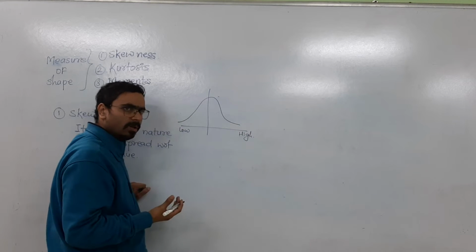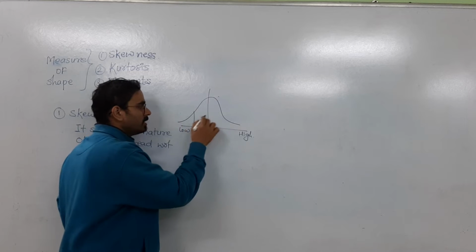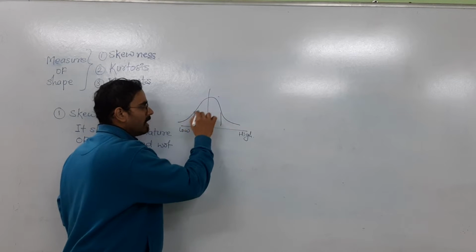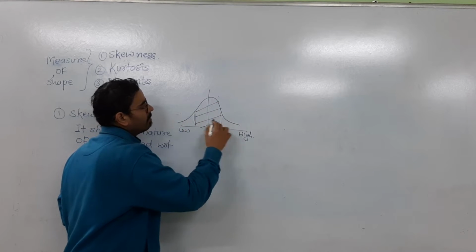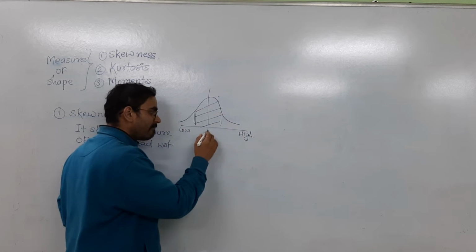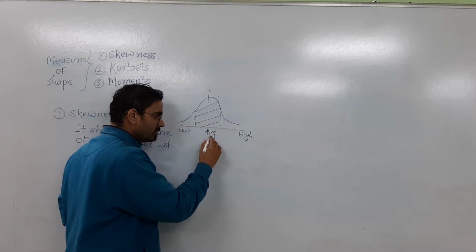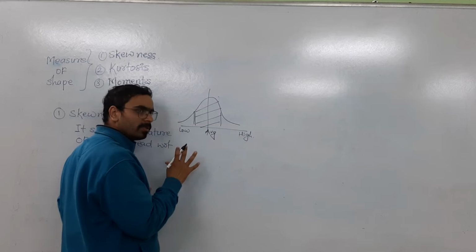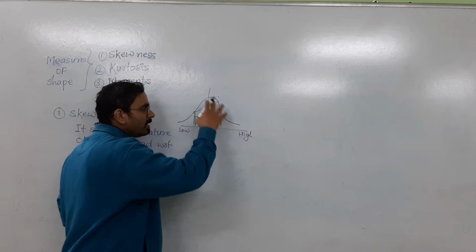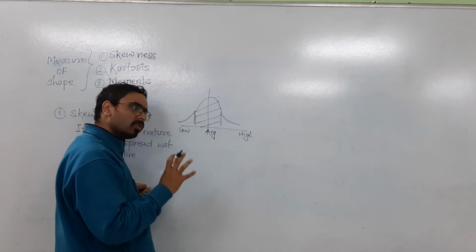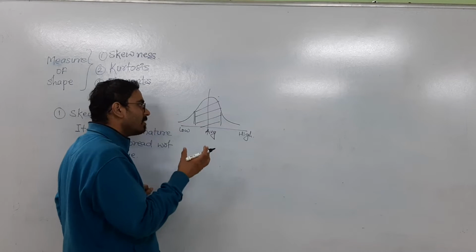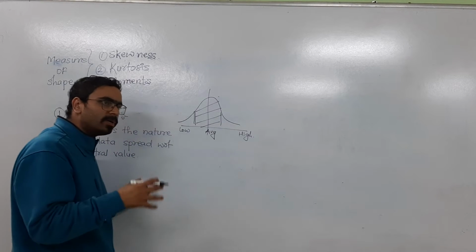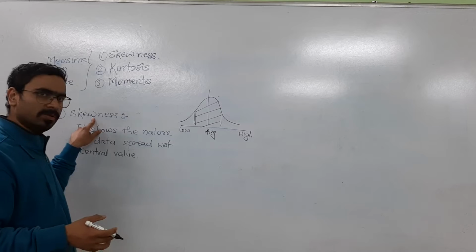In general, the maximum number of students in the class will lie in that range, means maximum number of students get the average mark. So maximum data lies in that portion. Which portion our data is lying in, that particular shape is given by skewness.